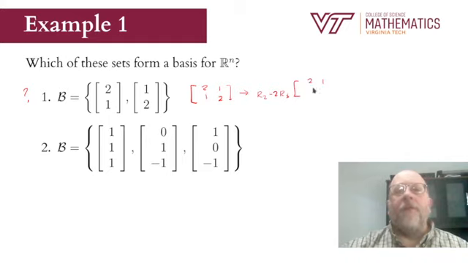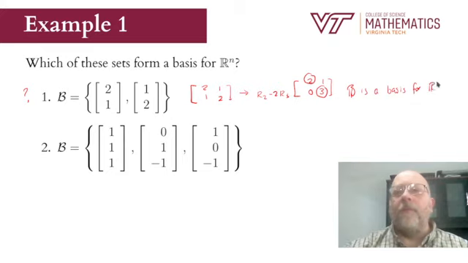So 2 minus 2 is 0. And 4 minus 1 is 3. And we have a leading entry in both rows and both columns. And so, yes, this is a basis for R2. So B is a basis for R2.